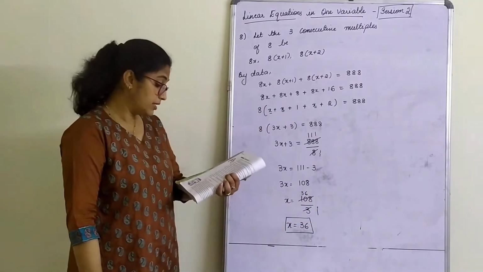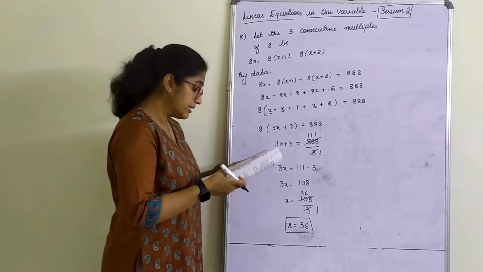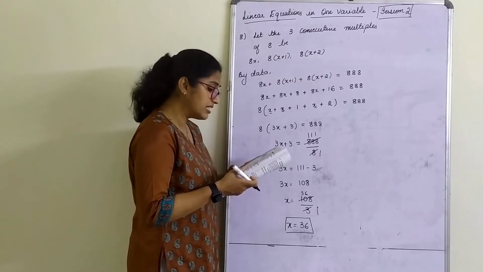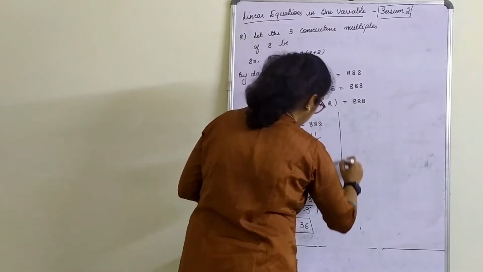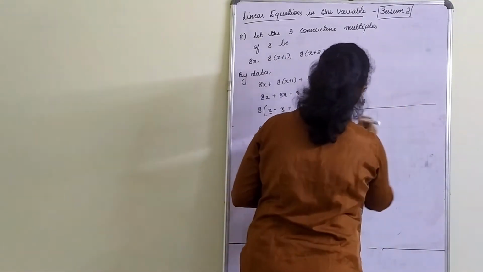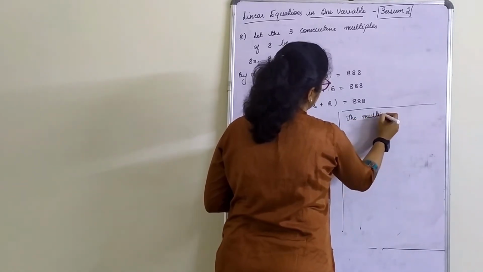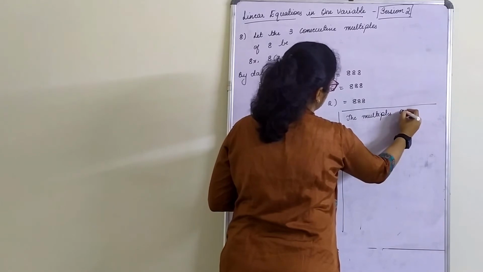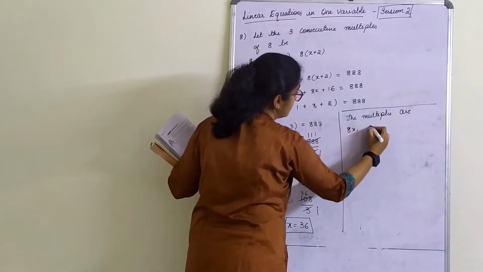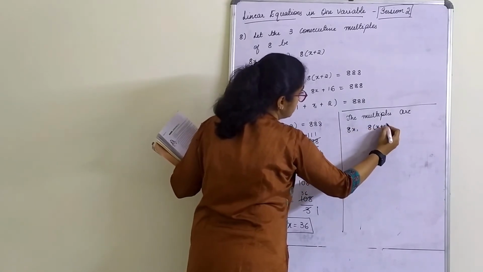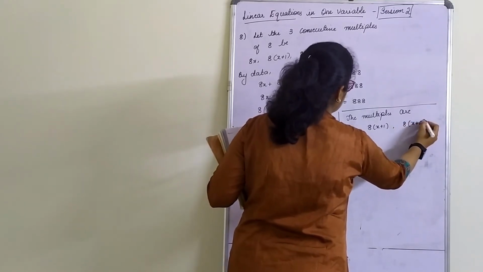So since you got x is equal to 36 now, what have they asked you to find? They have asked you to find the 3 consecutive multiples. So we need to find the multiples now. I'll just write here. The multiples are 8x, 8 of x plus 1, 8 of x plus 2.